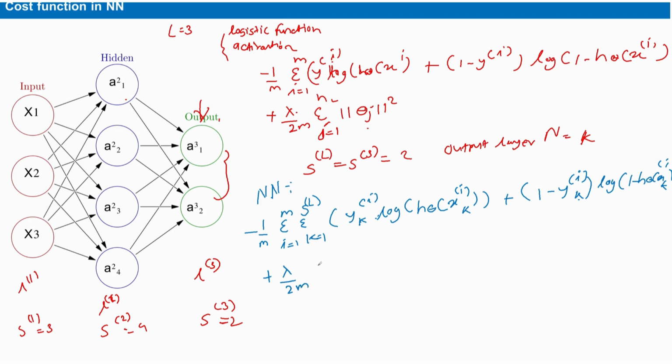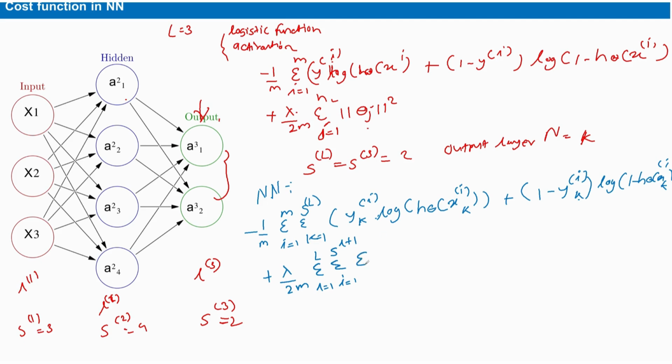So first, we need to iterate over all the layers, so L equals 1 to all the layers. Then for that particular layer, we need to iterate over the theta parameter, which is the weight parameter. For that weight, the first dimension is i equals 1 to the number of neurons in the next layer, which is L plus 1.